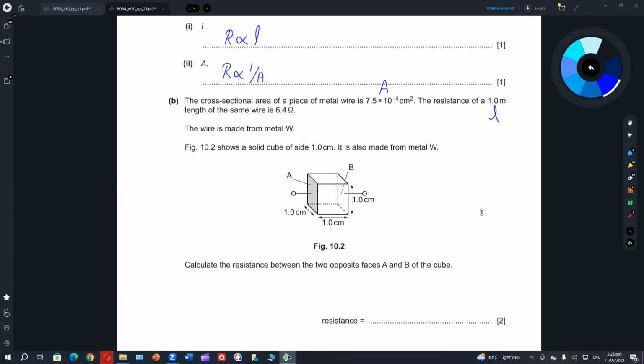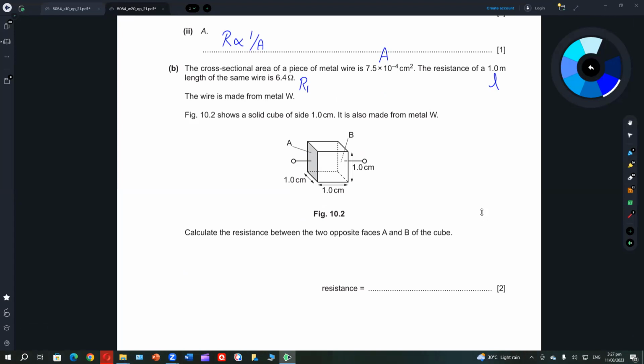The wire is made from metal W. The figure shows a solid cube of side 1. It is also made from metal W. Calculate the resistance between the two opposite faces.